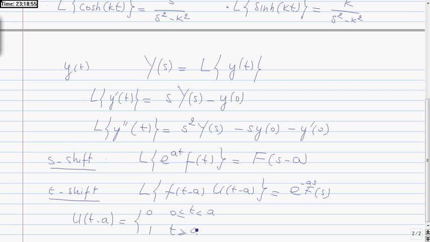You can define another function, v of t minus a, which is 1 minus u of t minus a, defined as 1 when t is between 0 and a, and it is 0 when t is greater than a.